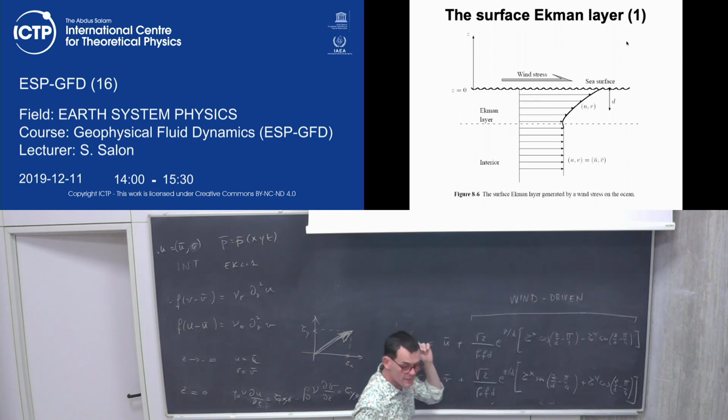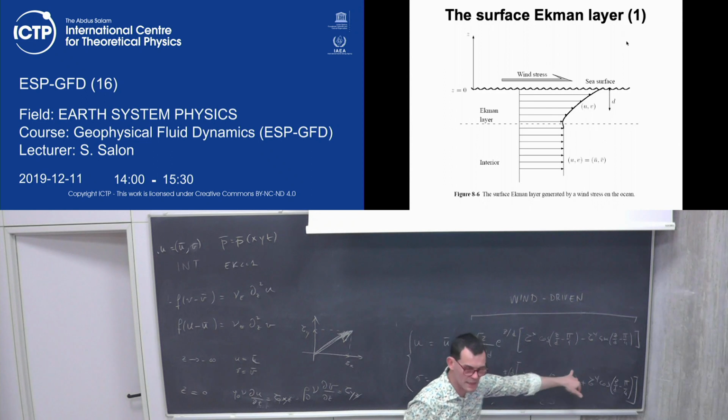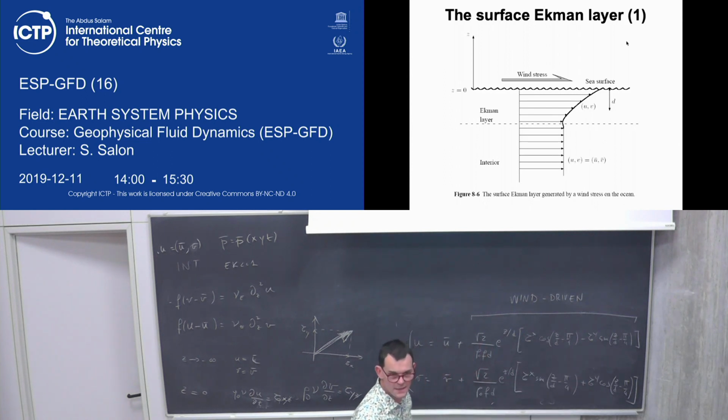In the previous case, if you remember, we had something similar, but with U bar and V bar, not tau x. So the bottom Ekman layer exists everywhere and always, because of the existence of the geostrophic interior. The surface Ekman layer practically exists only because of the wind.